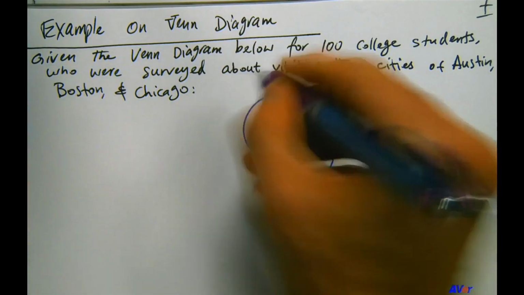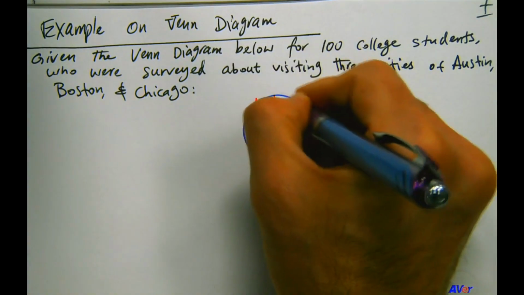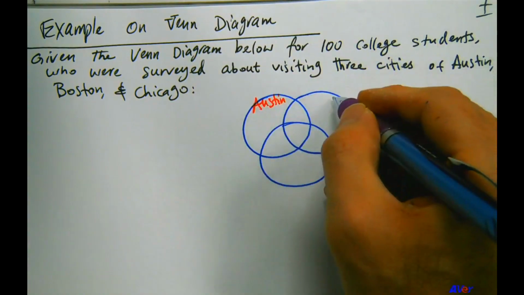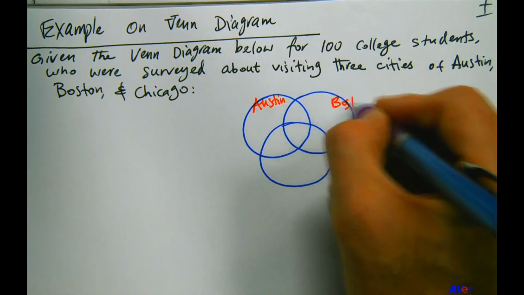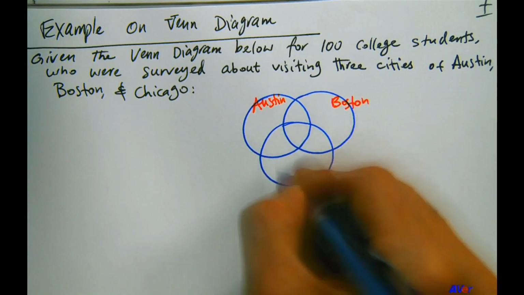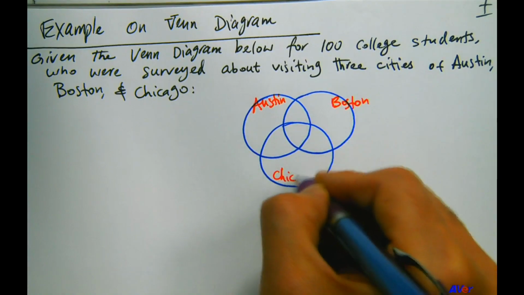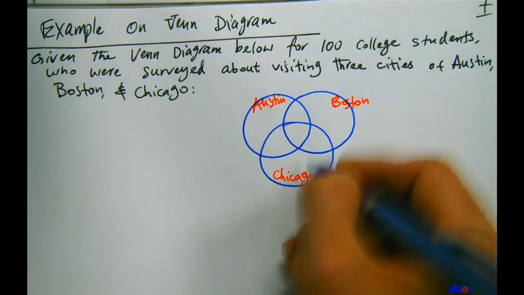So we have this group as this circle representing those who visited Austin, those who visited Boston, and then those who visited Chicago, right?